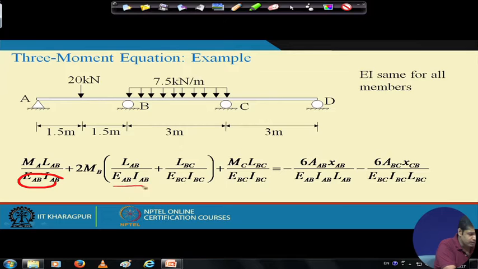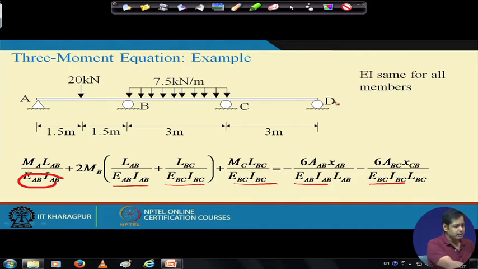First, let us apply the three moment equation at B, which means considering spans AB and BC, to get an equation. Then we apply the three moment equation at C, considering spans BC and CD.